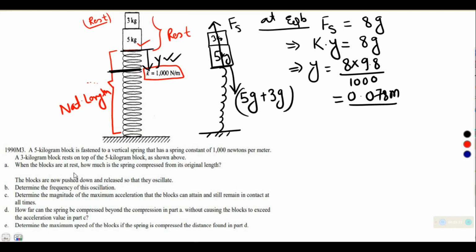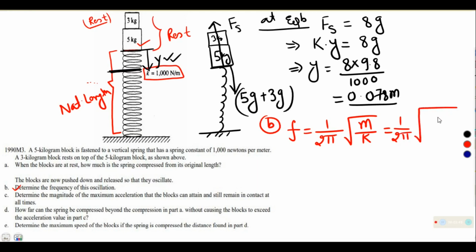Let us see the second part. Determine the frequency of oscillation. For the second part, we know the frequency f is equal to 1 by 2 pi under root k by m, so this will be 1 upon 2 pi under root of k upon m, where m will be 5 plus 3, that is 8, and k will be 1000.